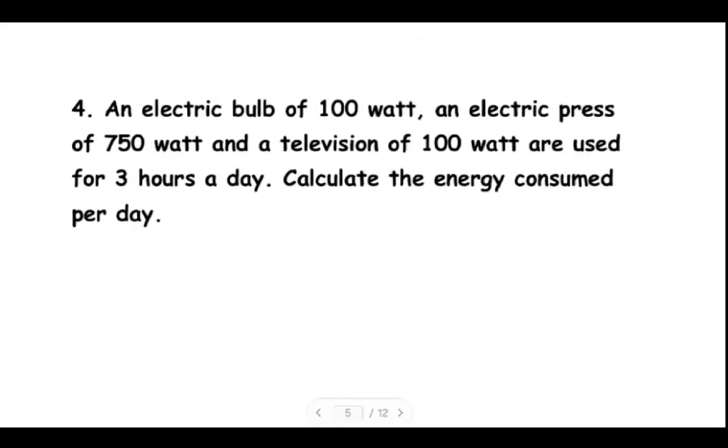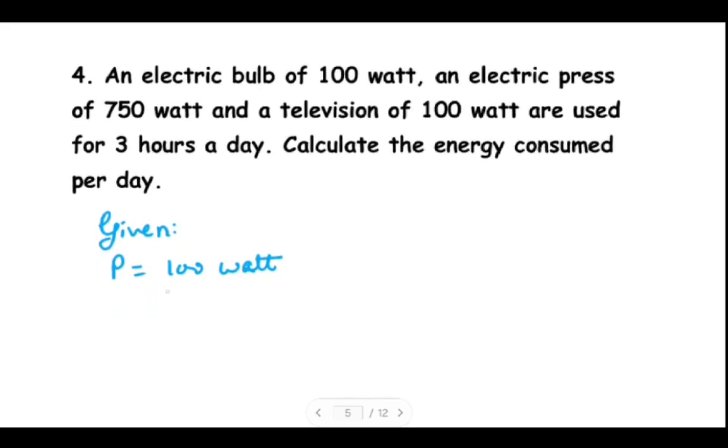An electric bulb of 100 watt, an electric press of 750 watt, and a television of 100 watt are used for 3 hours a day. Calculate the energy consumption. So, given, an electric bulb of 100 watt, so power used is 100 watt.